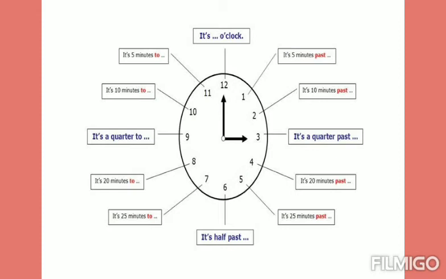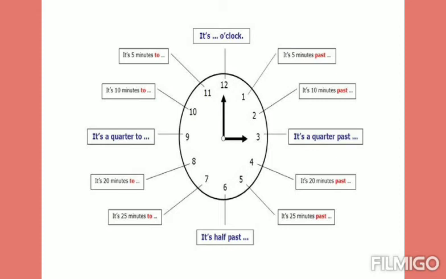Here is an example, children, of how to read the time using the clock. You just look at this clock. Here you have the hour hand at 3 and the minute hand at 12. Exactly 12. Now you have to read the time as 3 o'clock. Exactly, we have seen the time is 3 o'clock. Okay.